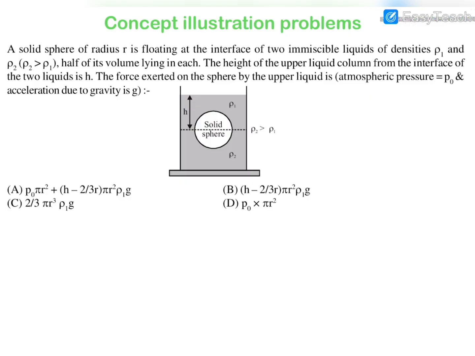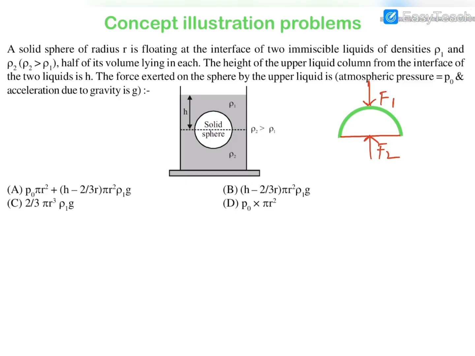So let us first of all draw the diagram of the upper hemisphere. We are rubbing out this part because we are concerned only with the upper part, and obviously the liquid above this will be applying a force, let's suppose F1, in the downward direction on the curved surface of the upper hemisphere, and let's suppose that the liquid at this point is applying some force F2 on this hemisphere.